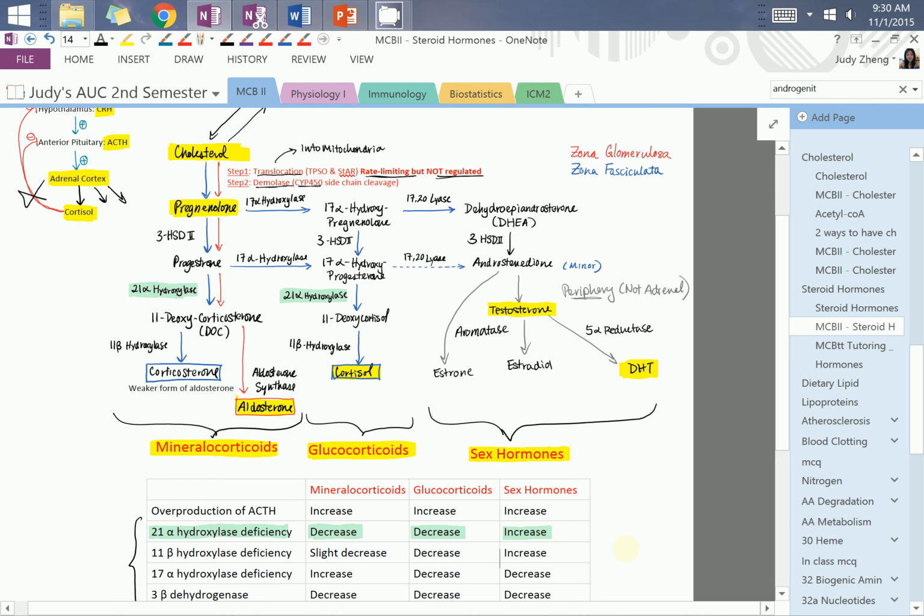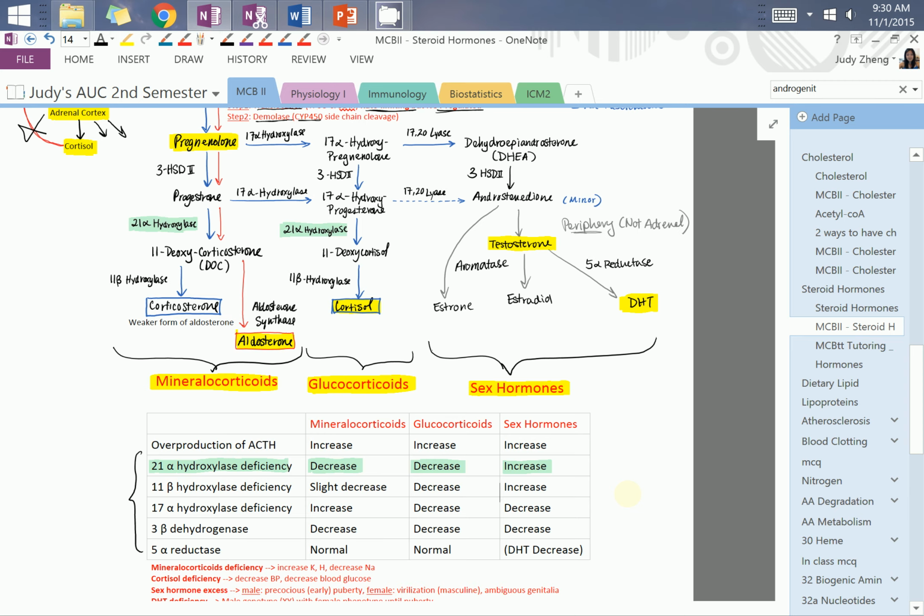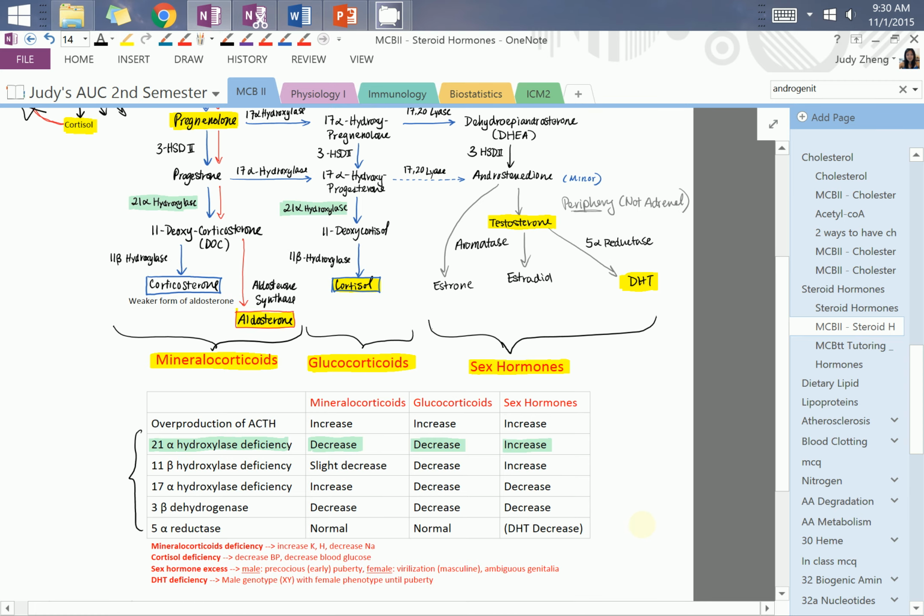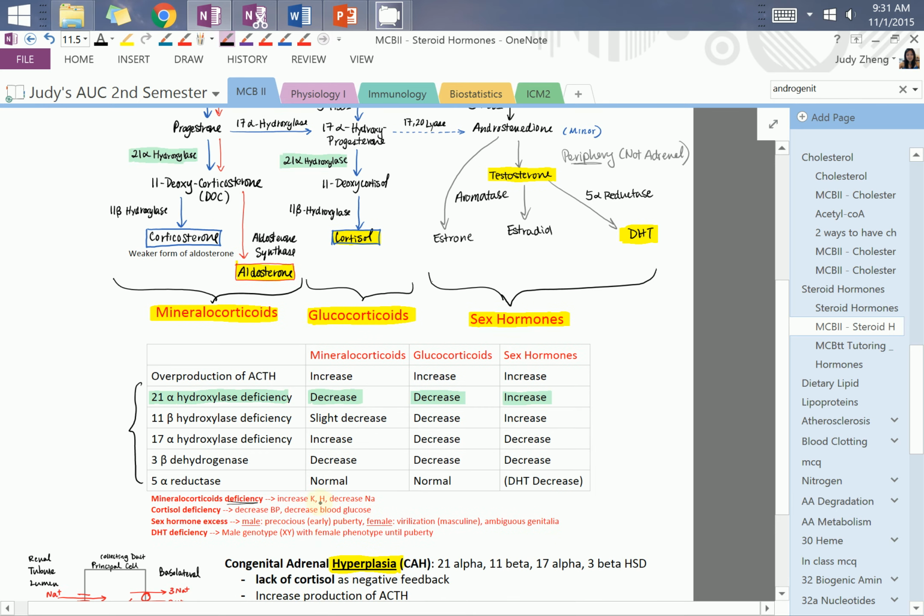And we're going to talk a little bit about the effects of each. So I have them down here. So when you have a mineralocorticoid deficiency, you will typically find an increase in blood potassium. You'll find an increase in hydrogen ions and potassium ions and a decrease in sodium ions.